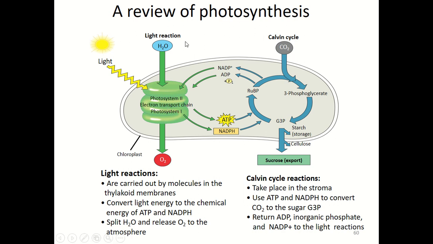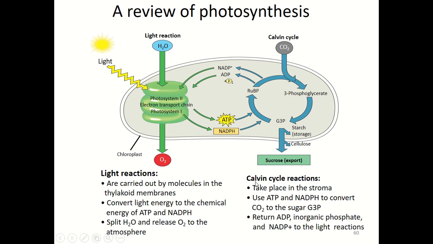And during the light reaction, they will convert the light energy into the chemical energy of ATP and also NADPH that will later be used by the Calvin cycle. And it will split the water molecules and release oxygen molecules to the atmosphere.